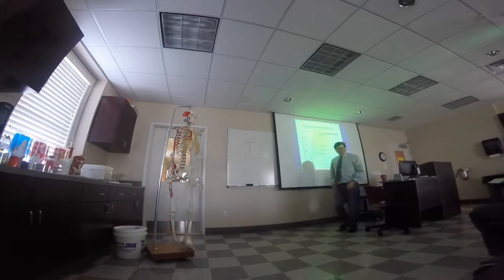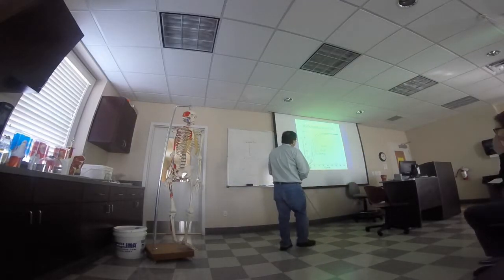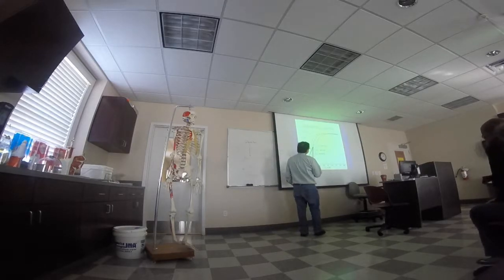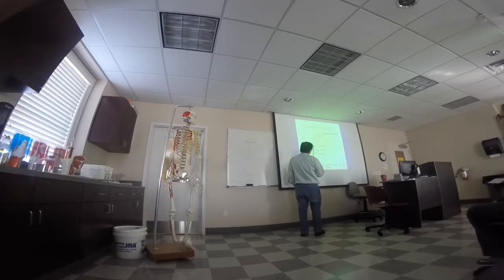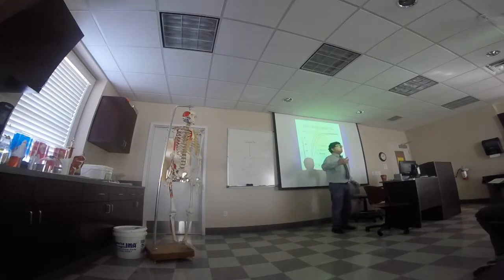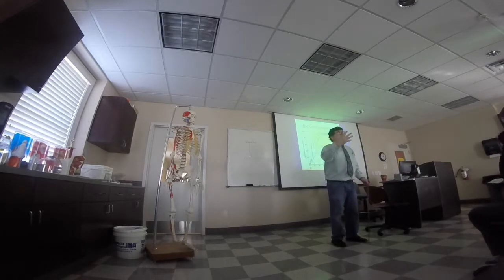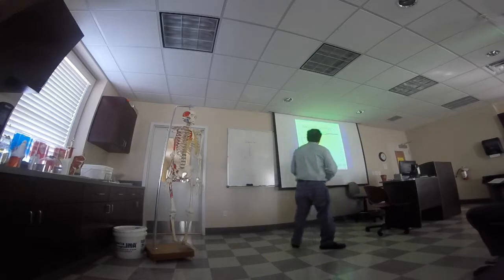Now, the same thing would happen if there's a change in PCO2. A normal PCO2 is around 40. If the PCO2 is higher, why? Because the tissue is more metabolically active. It's breaking down more glucose, it's producing more CO2.